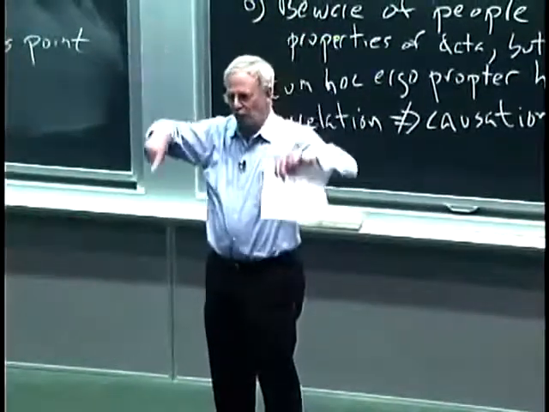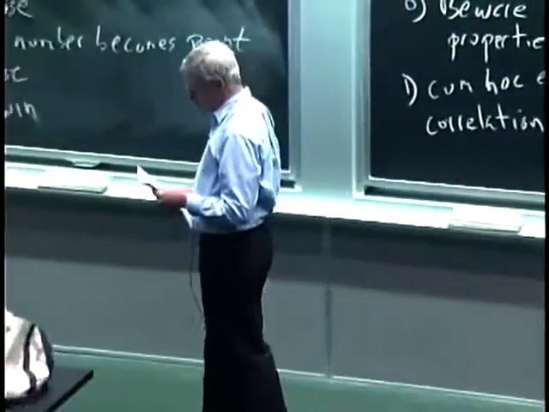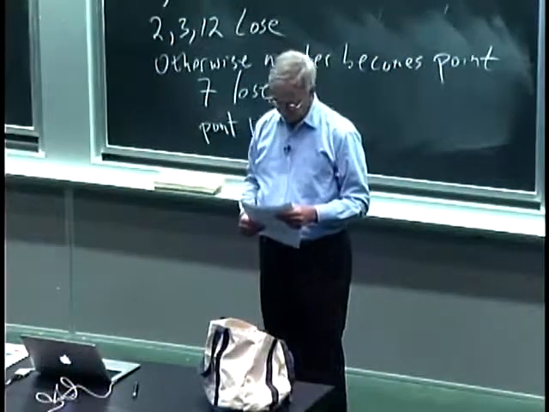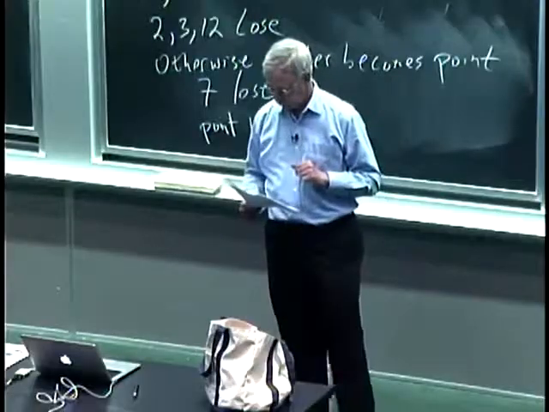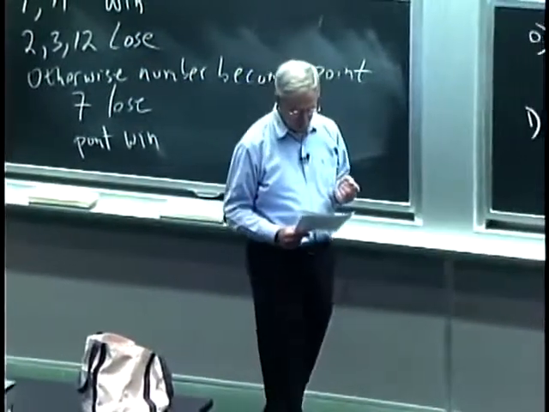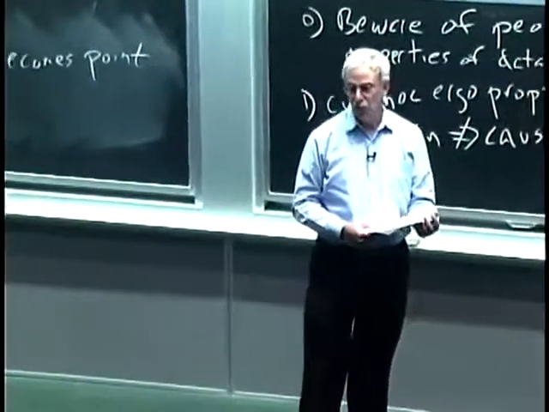They both go up, they both go down, and people jump to the conclusion that one causes the other, that there's a cause and effect relationship. That is just not true. It's what's called a logical fallacy.